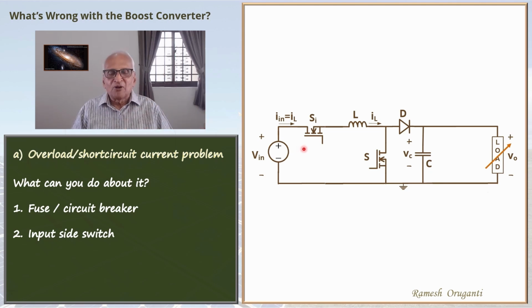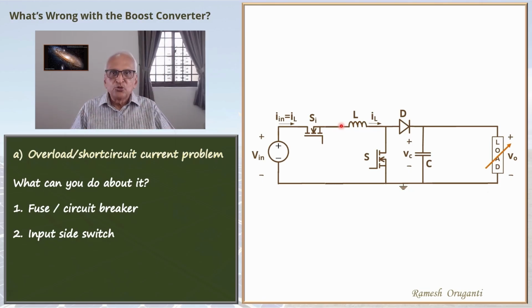You can notice the problem here. Switch Si is expected to interrupt the current in the inductor. That's a no-no. That will very likely damage the switch Si. So you can put a snubber across the switch Si. Because of the large value of the inductance L, snubber requirement may be large.